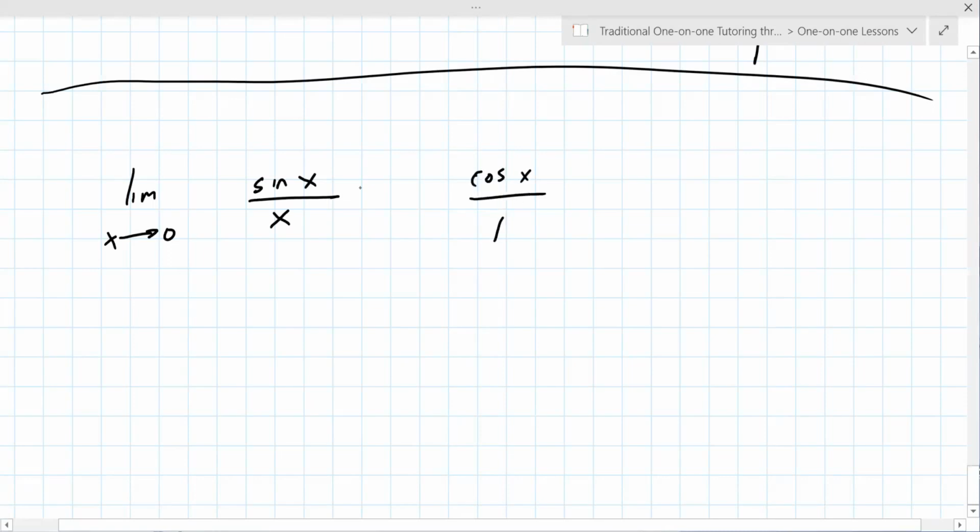Cosine 0 is 1. So it gives you 1. Okay, cool.